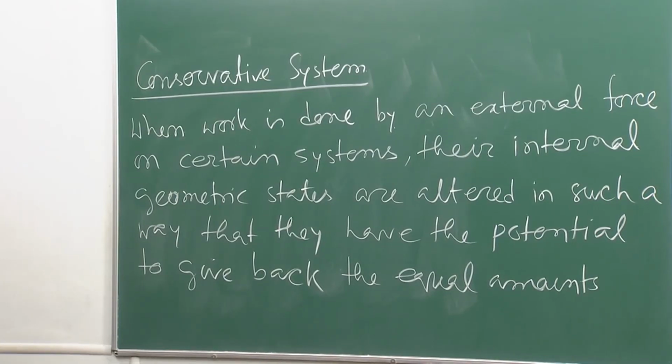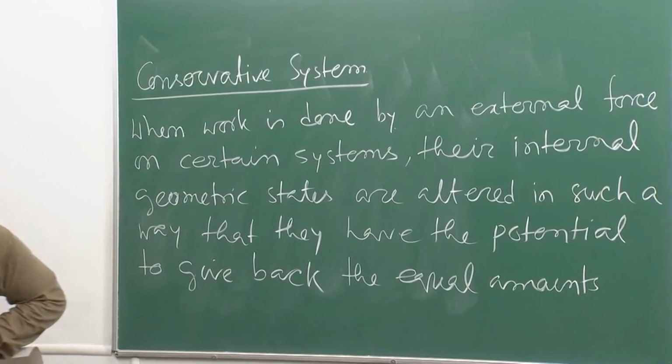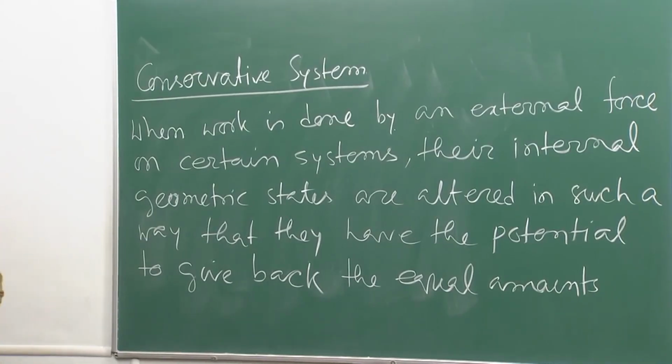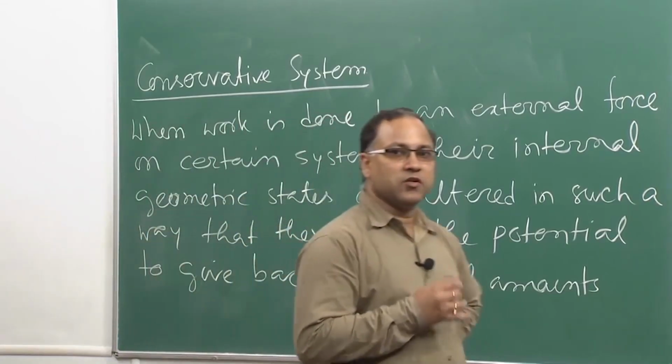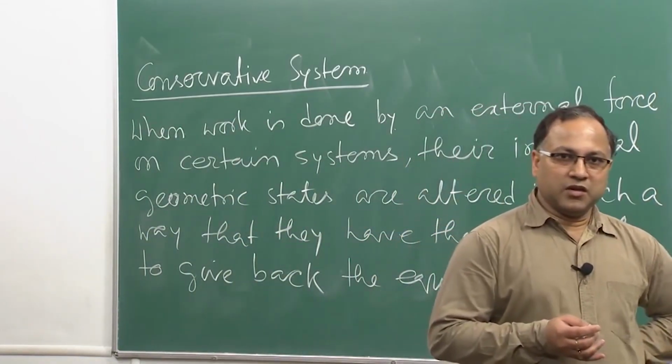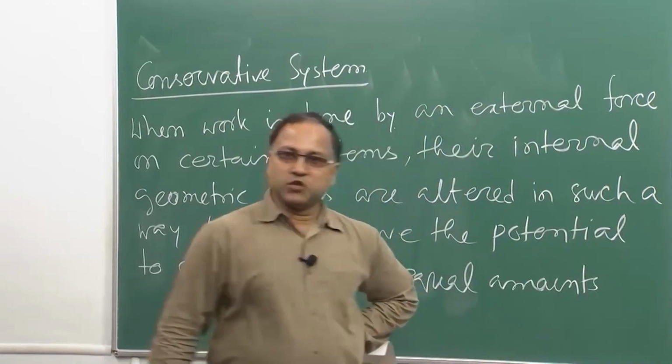Basically the deformation is nothing but the geometric states being altered in such a way that they have the potential to give back the equal amounts of work whenever they are returned to their original configurations. And such a system is known as a conservative system.